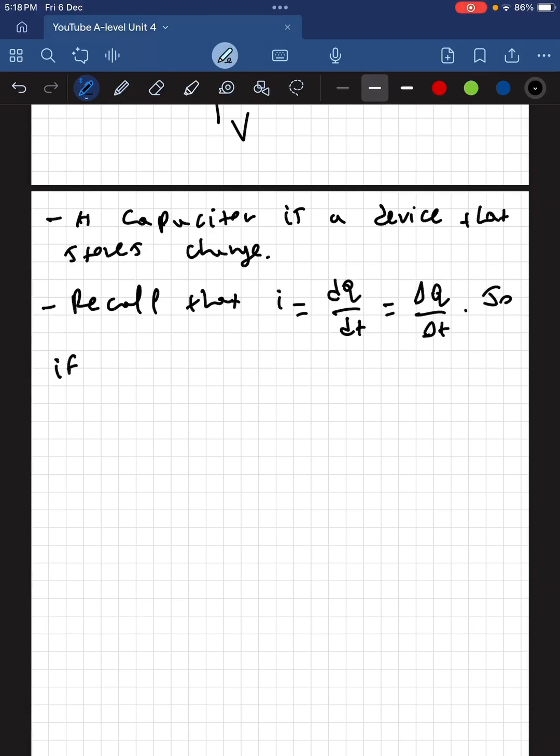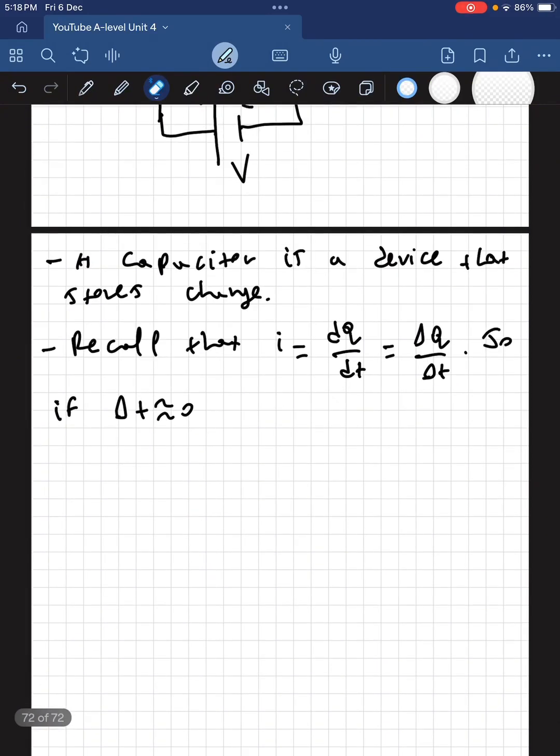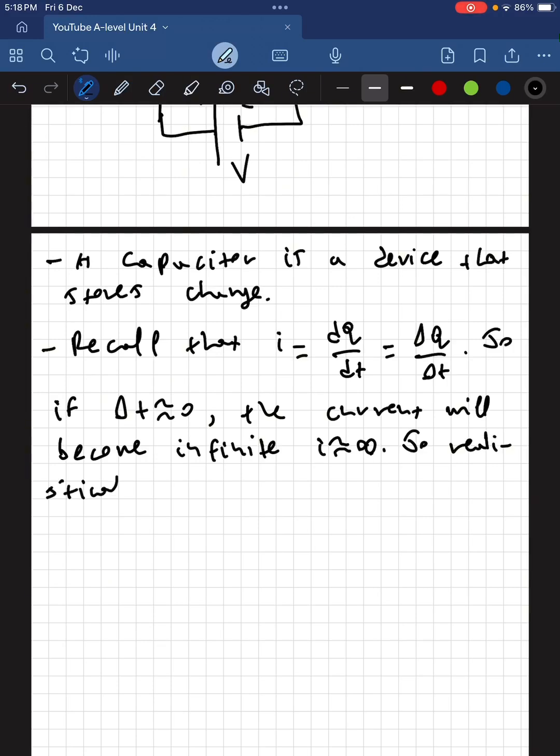So if delta t is really small, about equal to 0, which is the situation immediately after we install the battery in this circuit, the current will become infinite, right? Because dividing by a really small number gives us a really large result. So I is going to tend to infinity. So realistically, we need a resistor in the circuit.